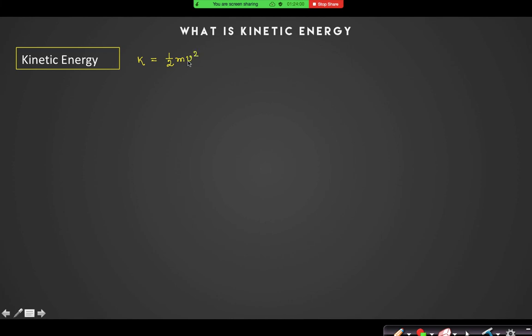That can never be negative. Can kinetic energy be negative? No, sir, it has a square in it. Yes, always positive or zero. Kinetic energy is half mv square.